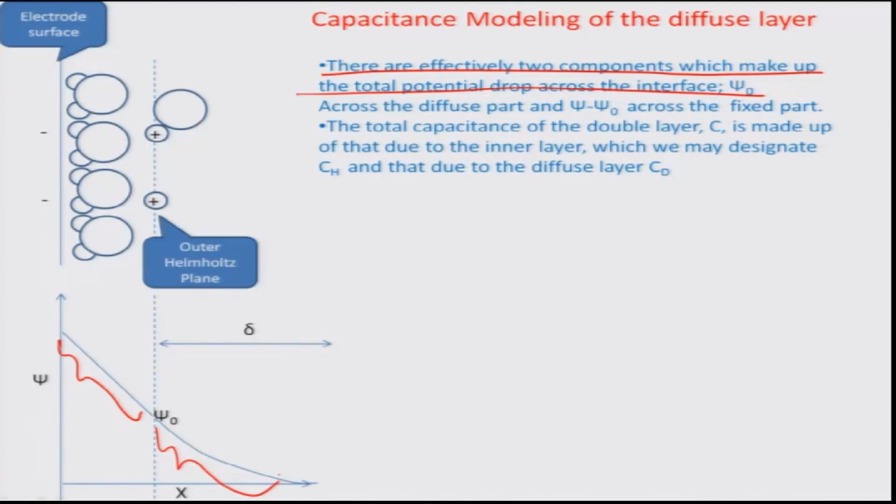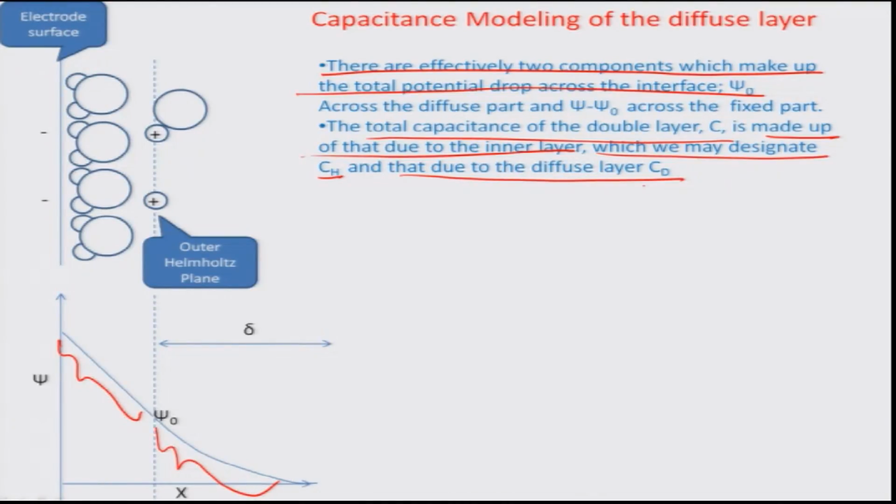So, if we look at this model as a capacitance model, we would definitely have the total capacitance of the double layer C made up of that due to the inner layer, which we designate as the Helmholtz layer CH, and that due to the diffuse layer which we designate as CD.